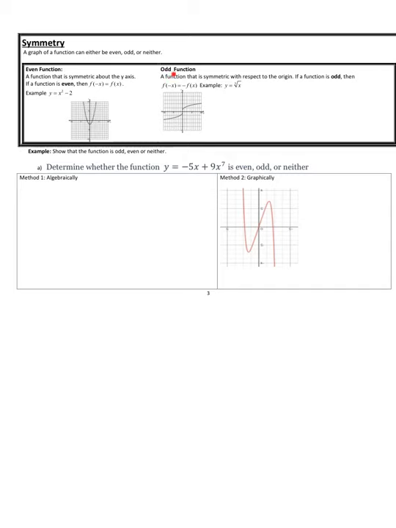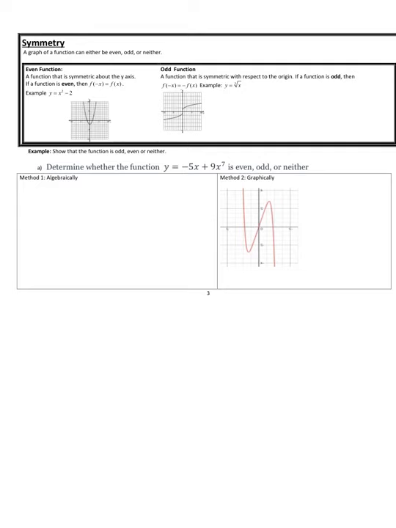Here we have the formula for checking when it is odd: when you plug in negative x, the result is the same as negative f of x. And here we are going to do examples. I'm just going to focus on the algebraic method and then go to the graphic method.